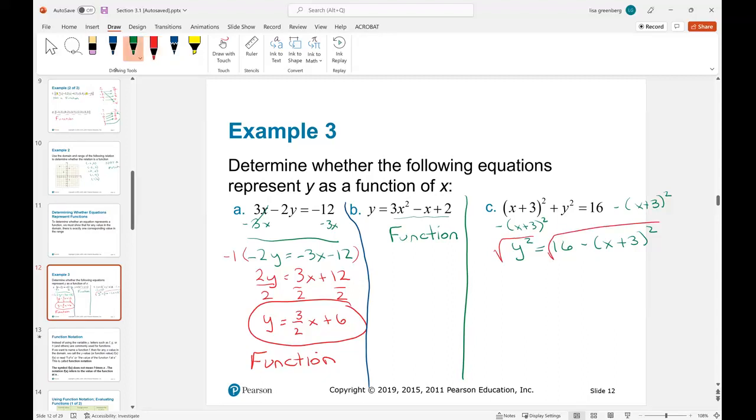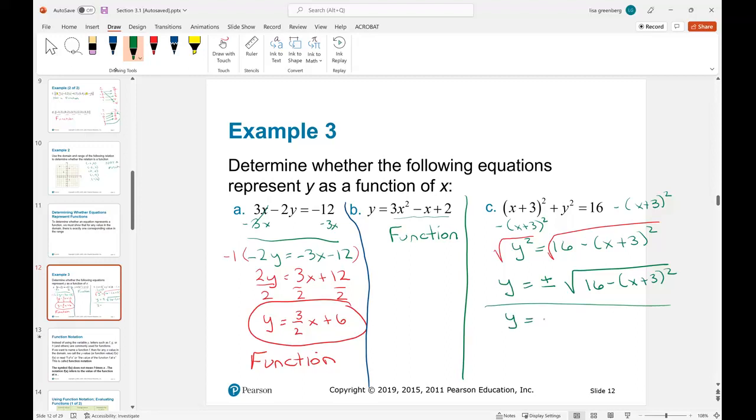And when I do that, don't forget, I have this plus or minus the square root of 16 minus (X + 3) squared. Well, this actually means I have two equations.